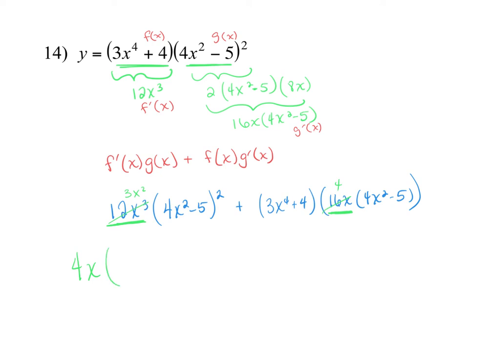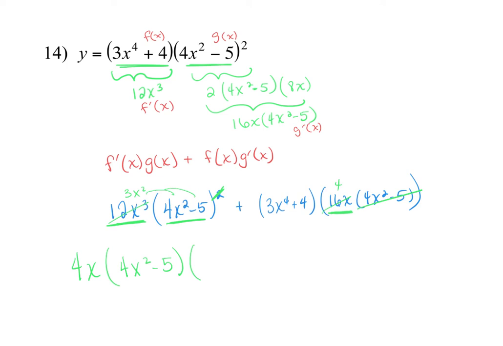And then I'm also going to pull out a 4x squared minus 5. That pulled out one of those, and it pulled out all of that. So remember, it has to come out of all of them. And then you can figure out what's going on for the rest of it.